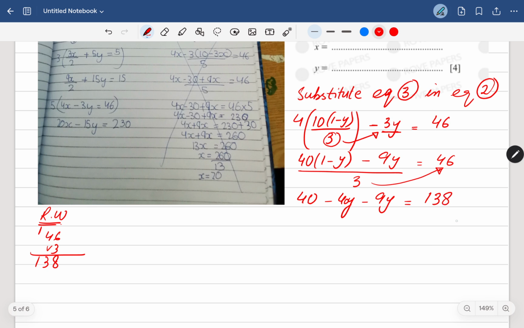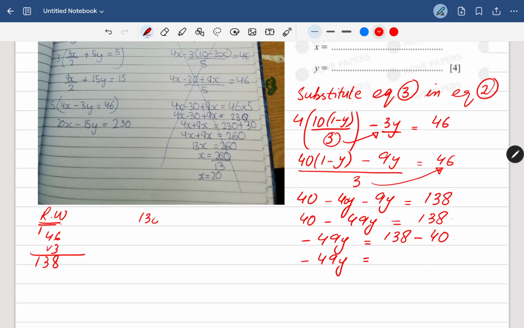So it will be 138, and then you can add or subtract the equation, which is 40 minus 49y equals 138, and in this case it is minus 49y equals 138 minus 40, just subtract. 138 minus 40, I think it's 98, but let me be sure about it.